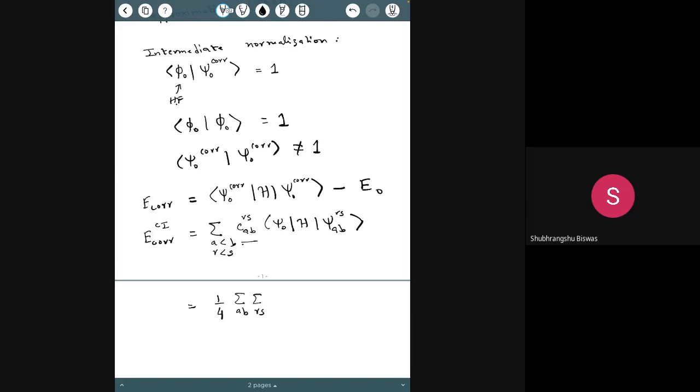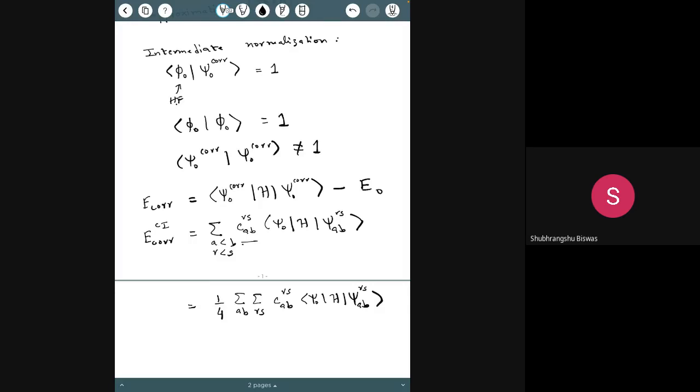And I have two independent summations now. So here AB are the occupied orbitals which are replaced by RS, which are the virtual orbitals.